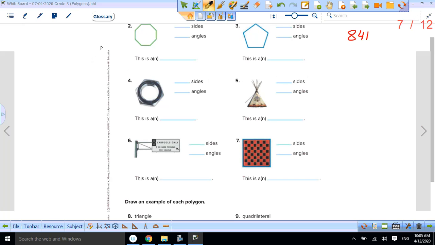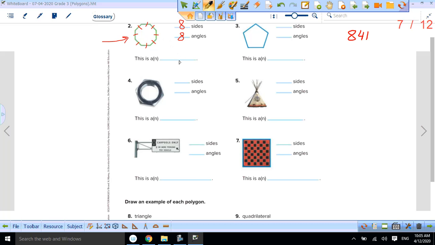Now let's count the number of sides and angles and classify each one. This polygon has 1, 2, 3, 4, 5, 6, 7, 8. So it has 8 sides and 8 angles. What is the name of the shape of the polygon?